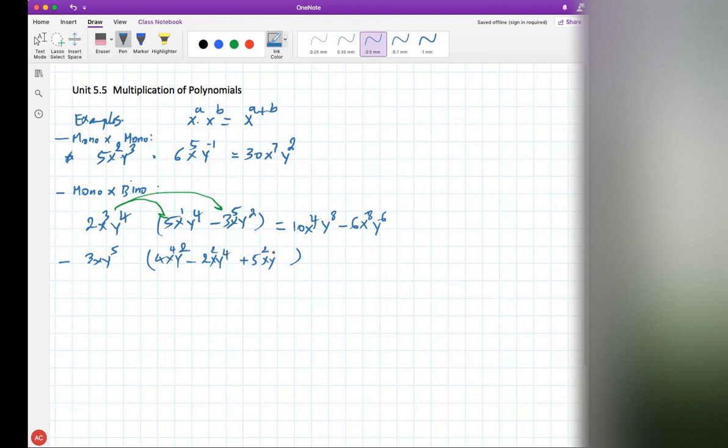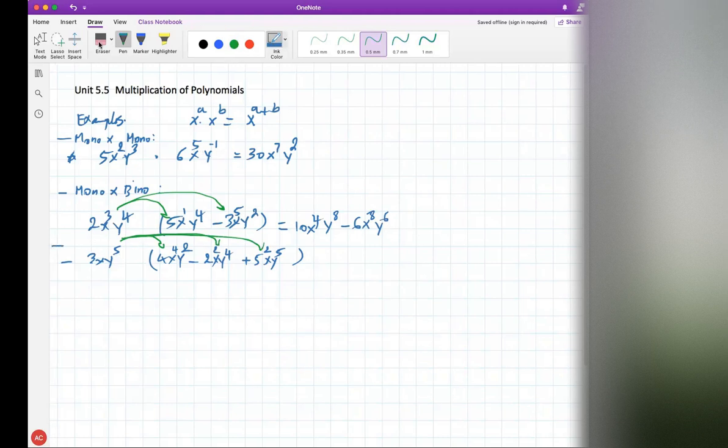So we're going to distribute all this. 12x to the power 5. That's right. So we're going to do basically this 3 times. So this monomial times, let me remove this minus here, it's not a minus. So this is basically a monomial times a trinomial.